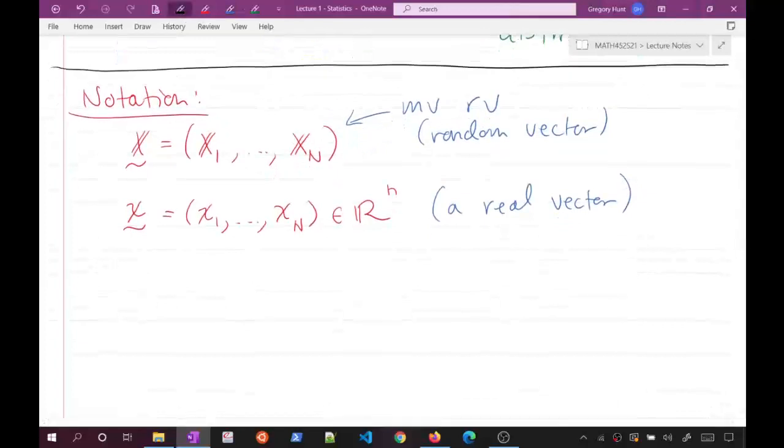So the first thing we should note about a random sample is that if I want to look at the joint PDF of my random sample, I'm going to note that with a capital F, or a lowercase f, but I'm going to be a bit lazy here. I'm not always going to differentiate the joint from the marginal. So this here is going to be my joint distribution.